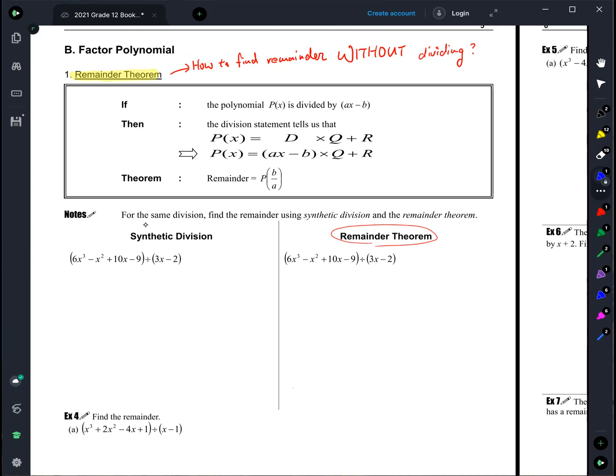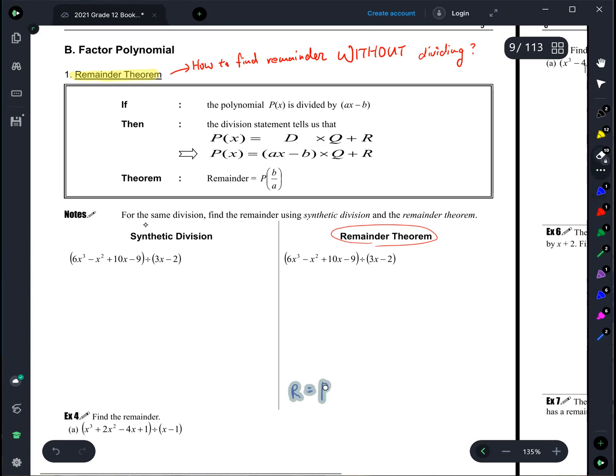Okay, so the remainder theorem tells us that the remainder, we'll just use R, will just equal to P of the divisor equals to 0.